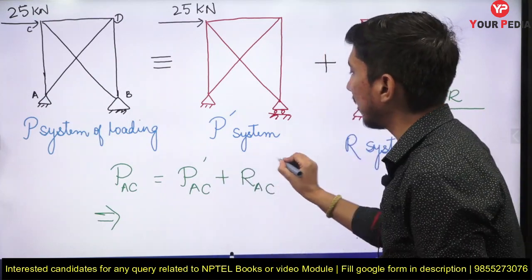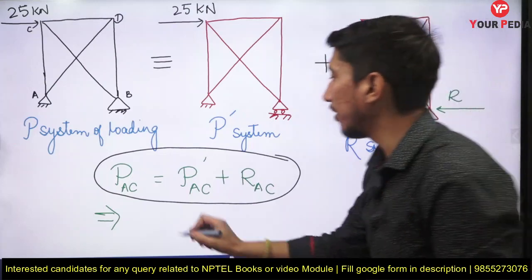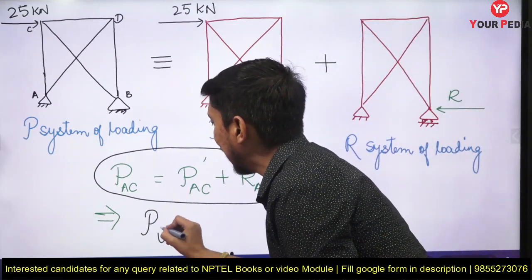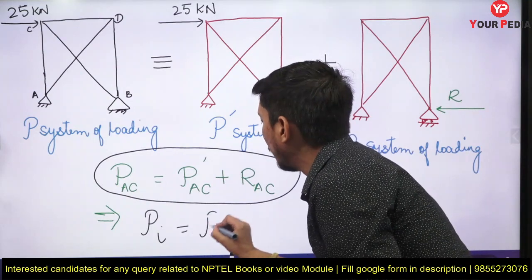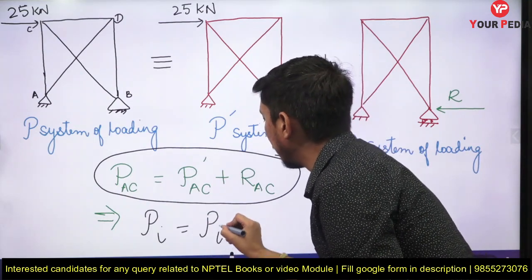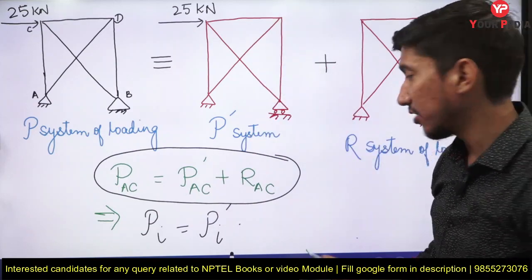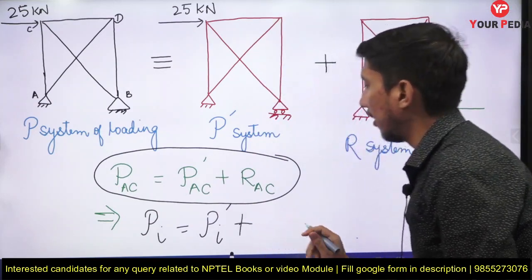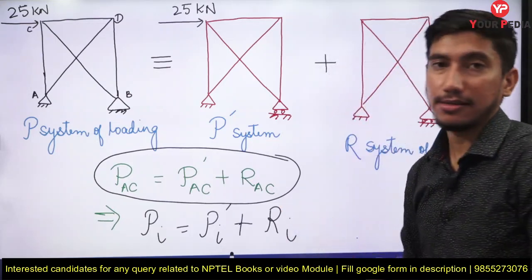So this is basically what we have derived. In general, we can also write the force in any ith member under the P system of loading is equal to the force in any ith member under the P dash system of loading, under this statically determinate structure, plus the force in any member under the R system of loading.